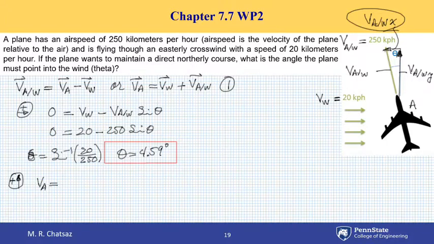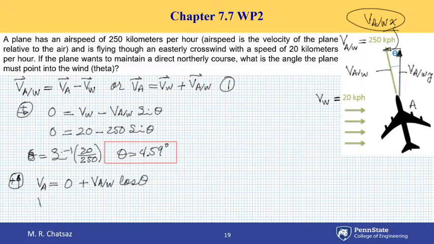Wind has no y component, so that is 0 plus the vertical component of that relative velocity, VA slash W Y component, which is VA slash W cosine of theta.